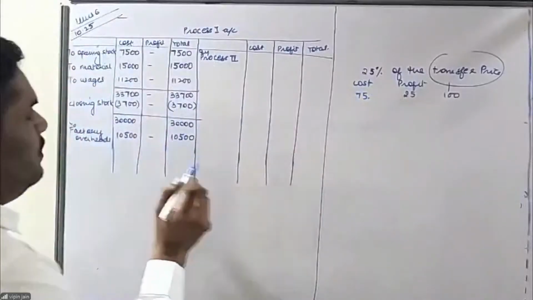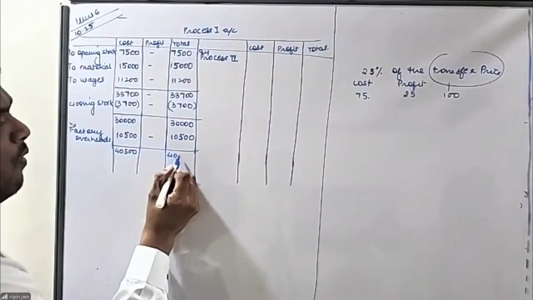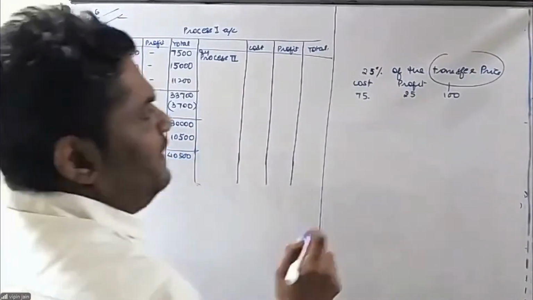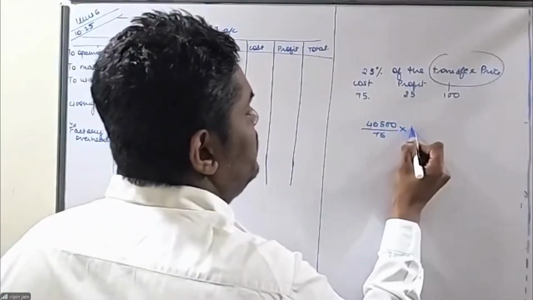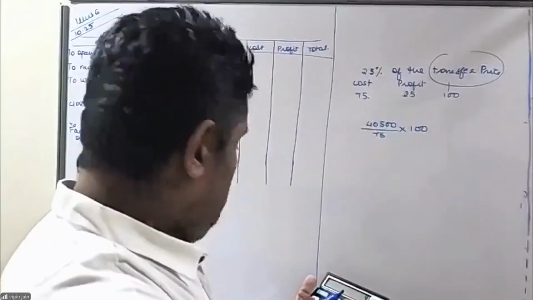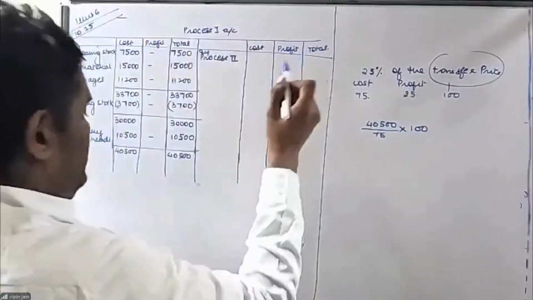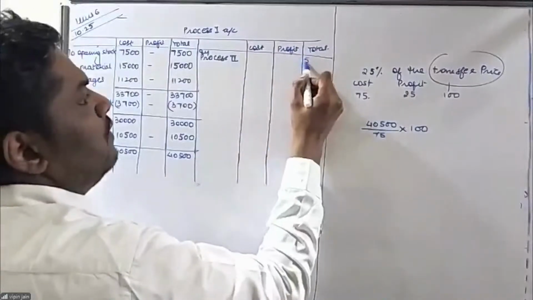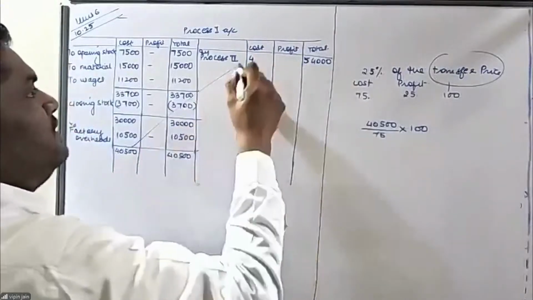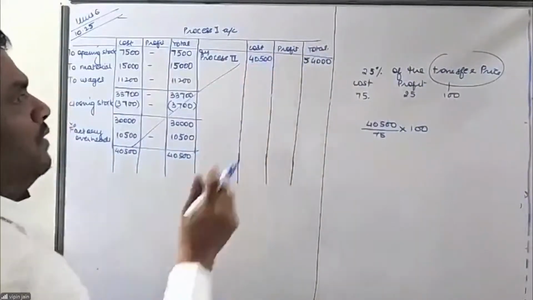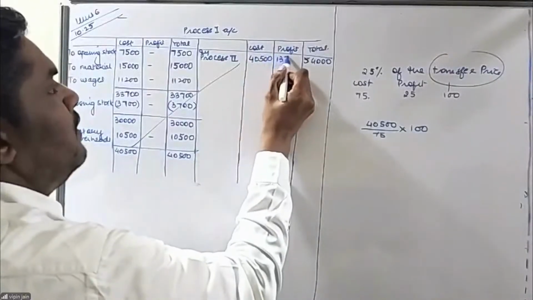So my total cost is how much? 40,500 divided by 75 into 100. So this will be 54,000. This 40,500 will remain the same, so my profit will be 13,500.